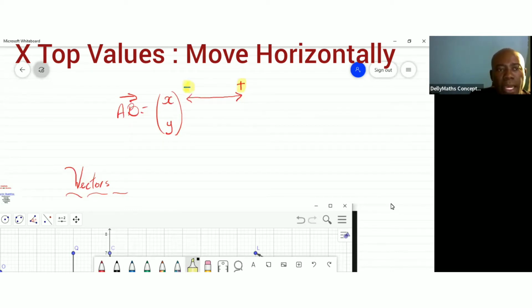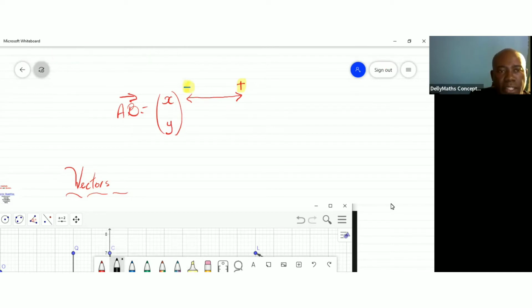The point we're making is that the moment you have the vectors, you have to either move to the right or to the left, depending on the direction in which you are trying to go. So moving to the right, this top number is positive. Moving to the left, the top number is negative.